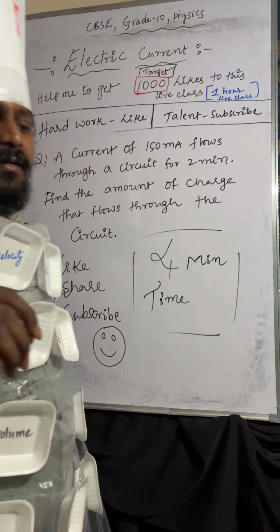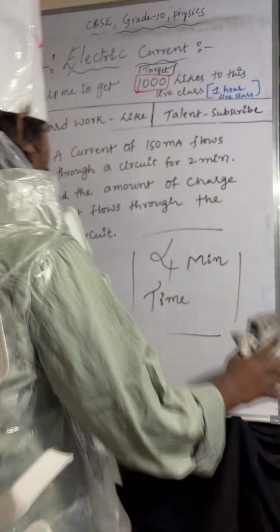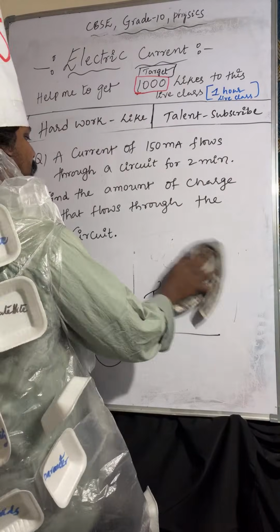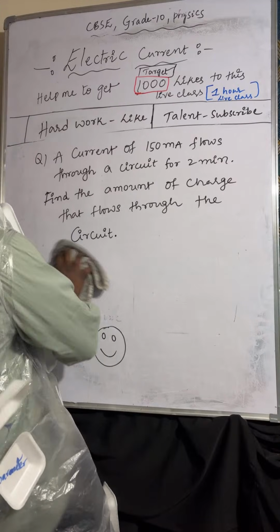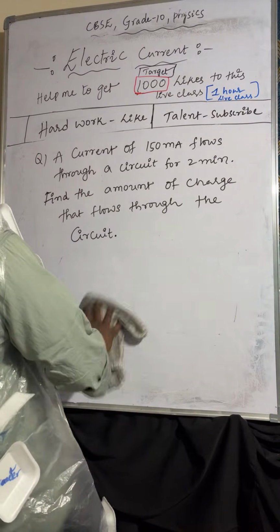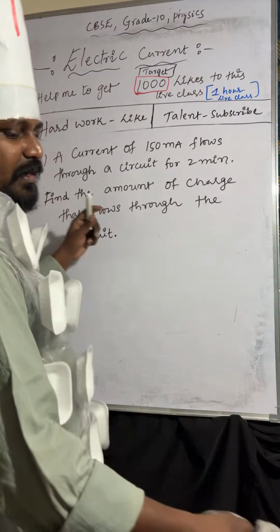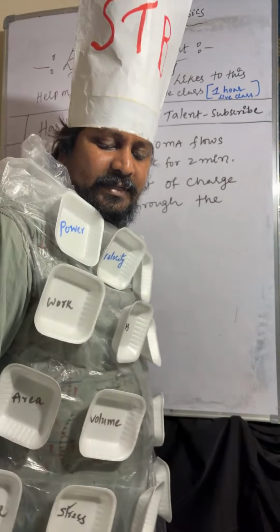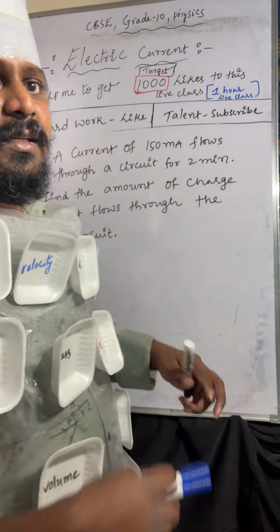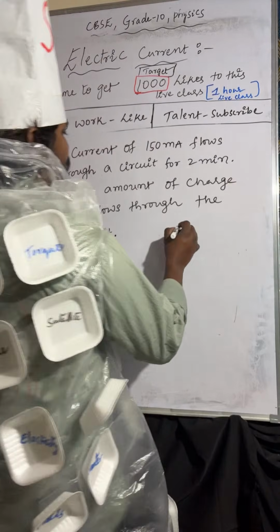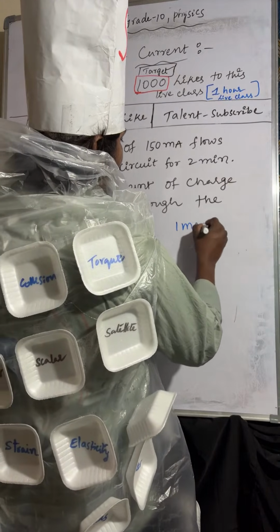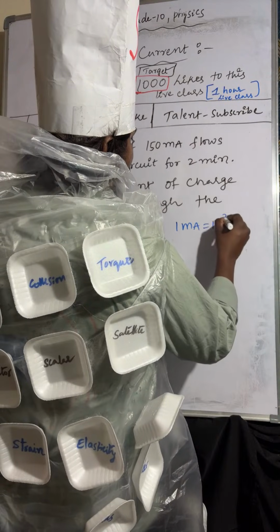So okay, check here once. You can observe, they mention here 150 milliampere. I already mentioned 1 milliampere equals 10 power minus 3 ampere.